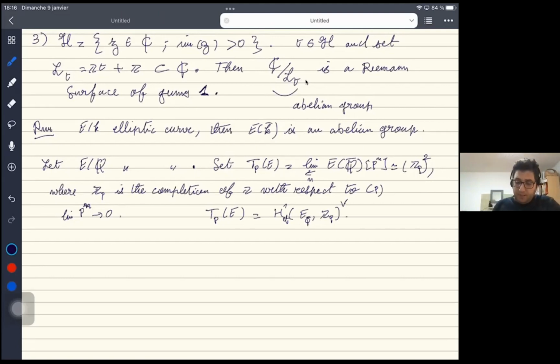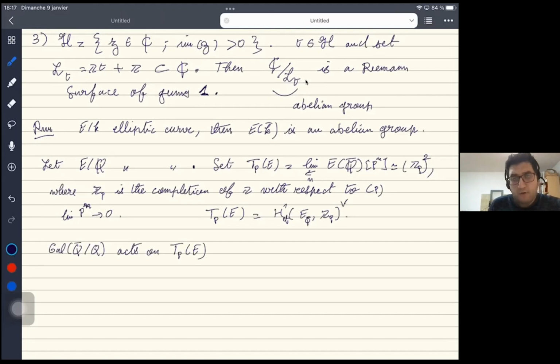But it has a nice structure, which is the action of the Galois group, because here the Galois group of Q bar over Q acts on the Tp, because the Galois group will act on Q bar.